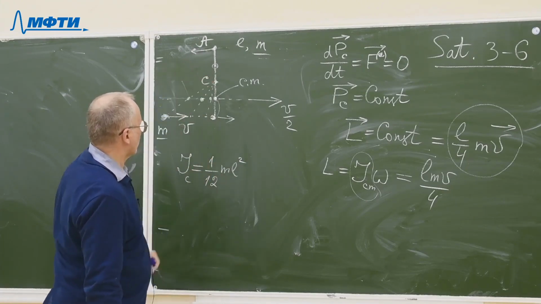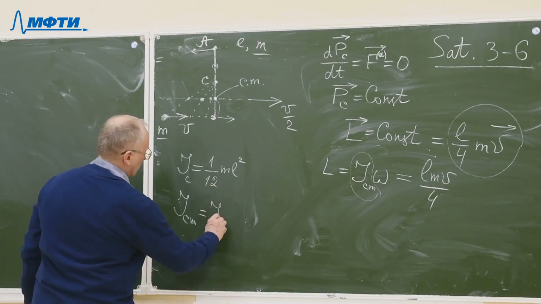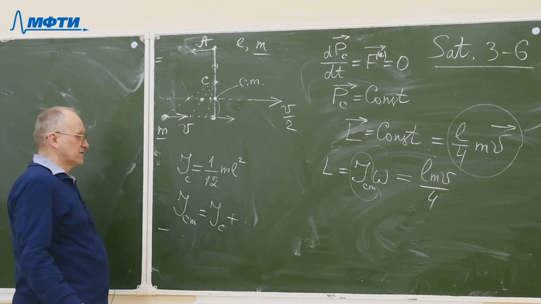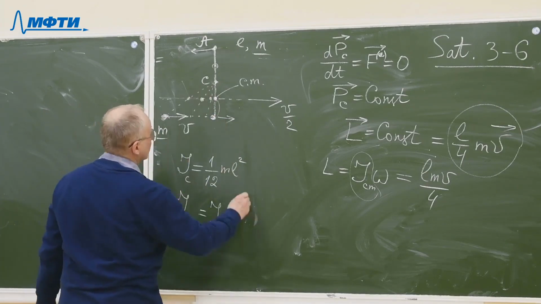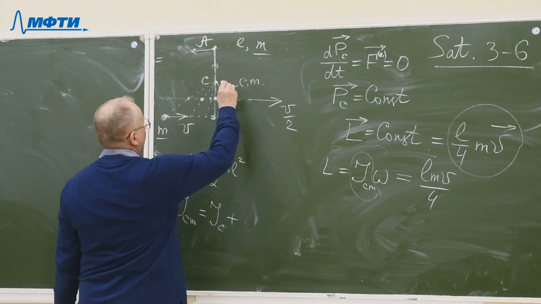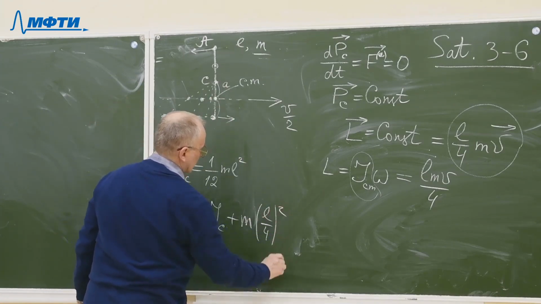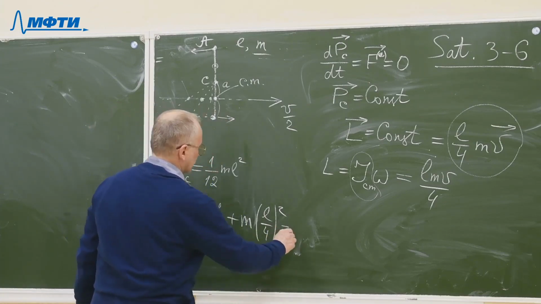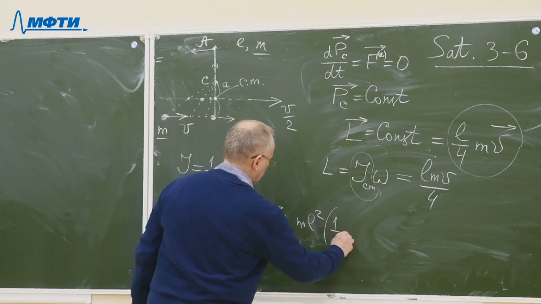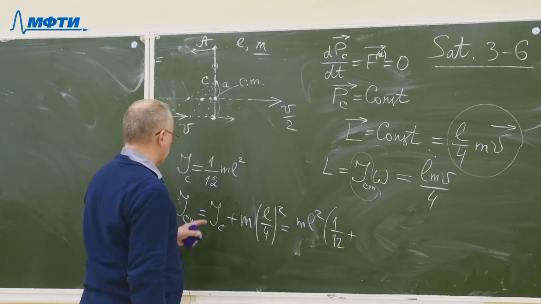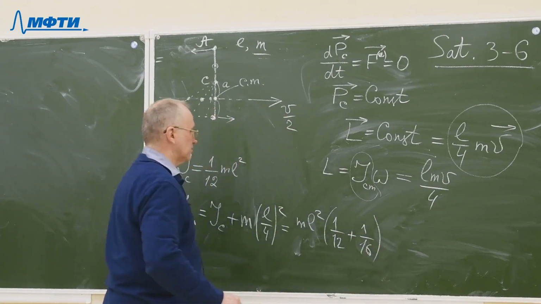And the moment of inertia with respect to the center of mass of the system will be found due to Steiner's theorem, which is the moment of inertia with respect to the center of mass of the rod plus ma squared, and a is L over 4 squared. So can we calculate it? Yes, certainly we can. That will be mL squared, and here we'll have 1 over 12 plus 1 over 12 plus 1 over 16.